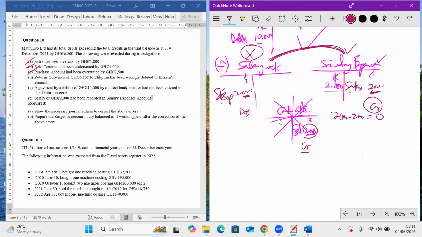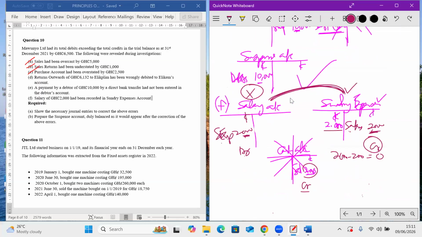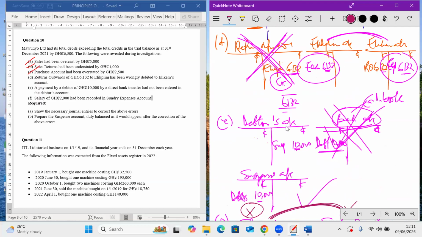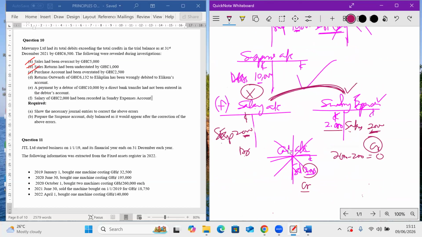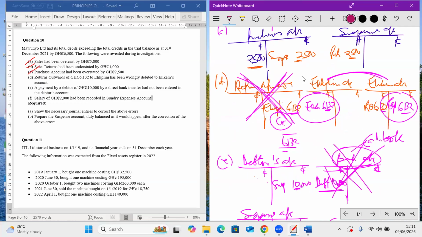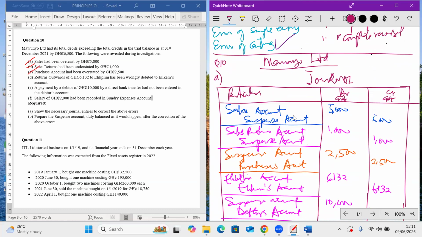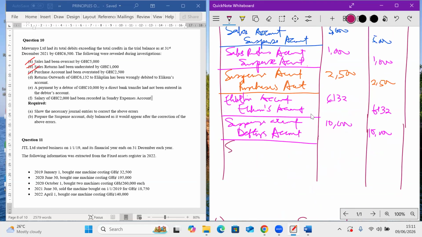Good. So between the salary and the sundry, which one of them has the corrected debit entry? Salary. Okay. So I go to salary. The one who owns this account is called salary, and it has a debit entry. So I'll go to the journal and I'll write salary account.